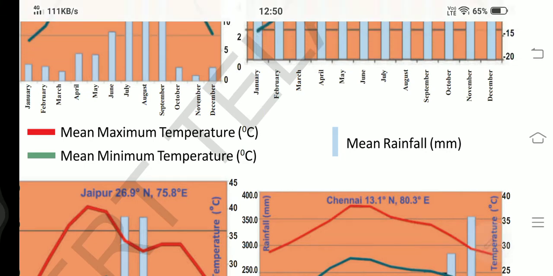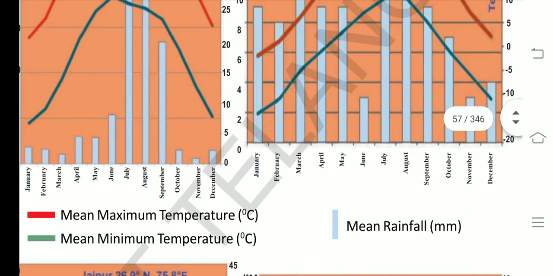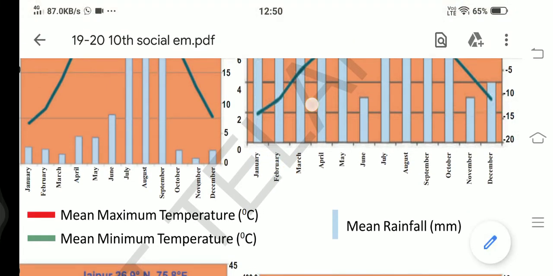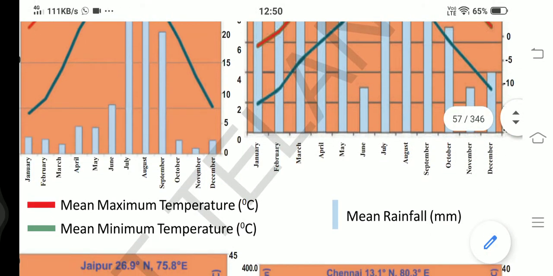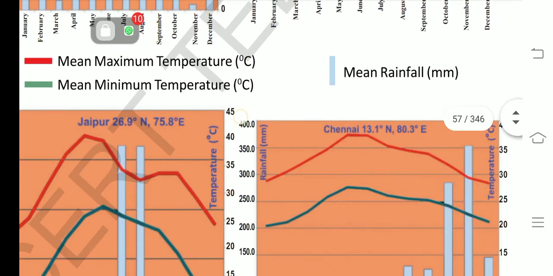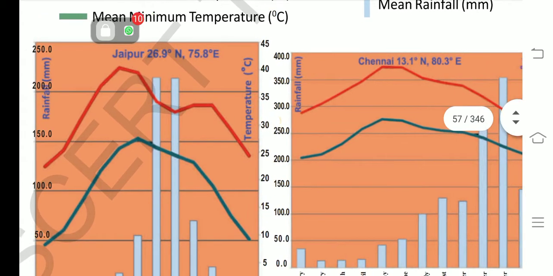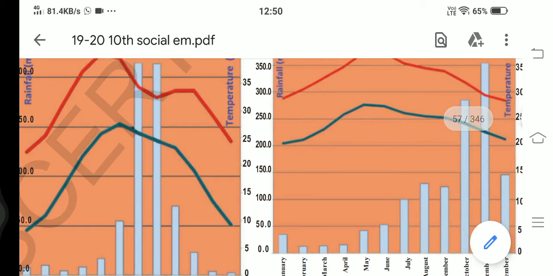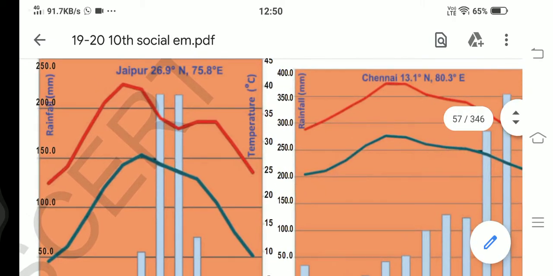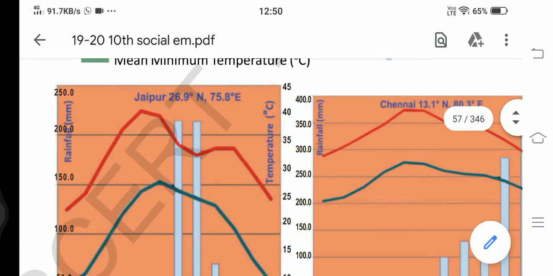When you are writing about the relief feature, you can compare graph 1 with graph 2, that is New Delhi and Leh. Another is Jaipur, which is also far from water bodies, so this can be taken for the land-water relationship.